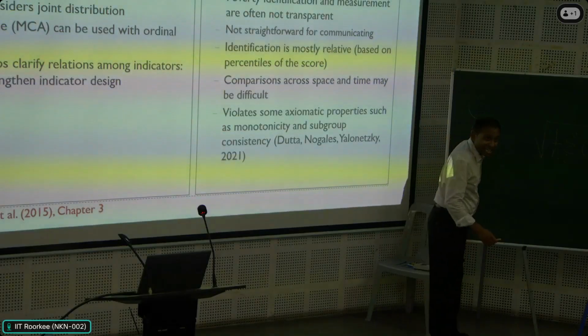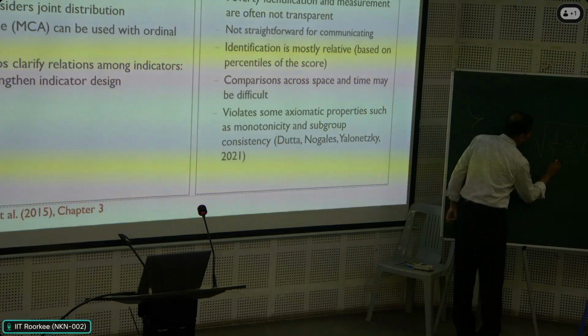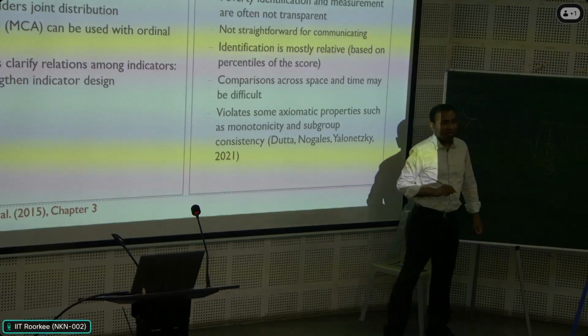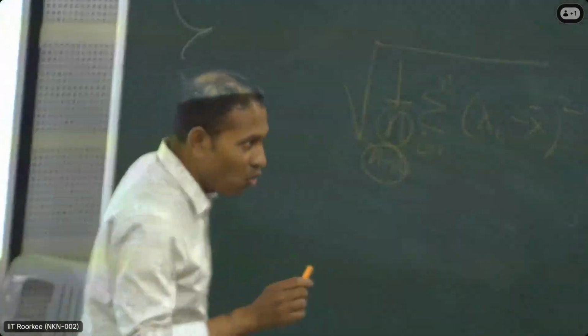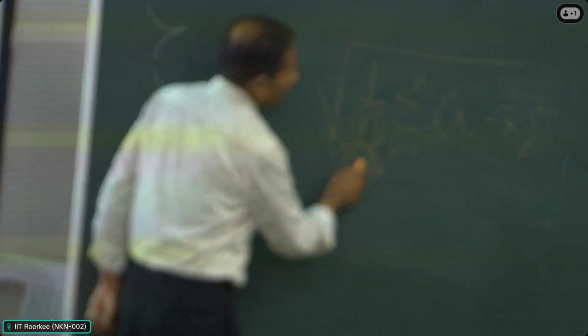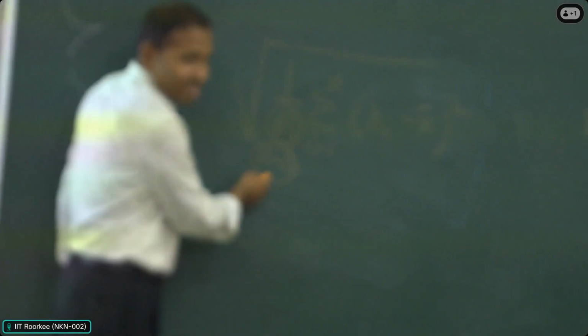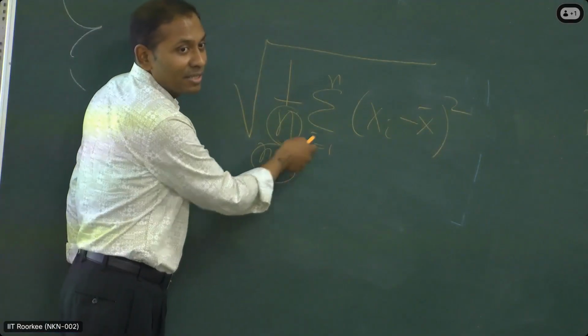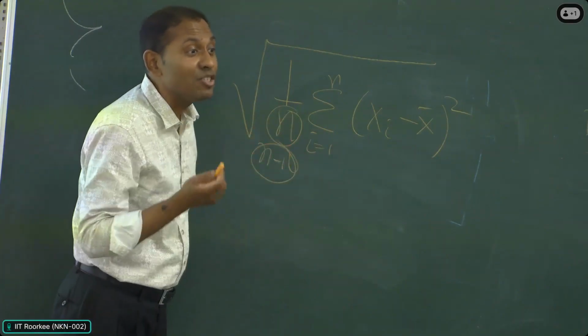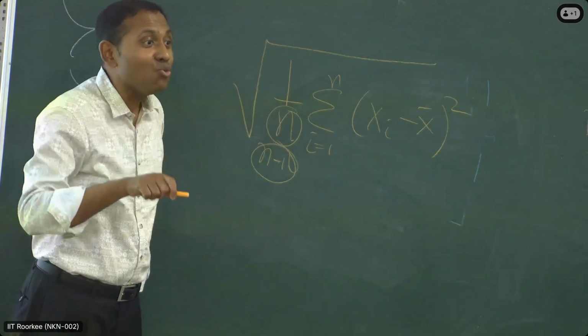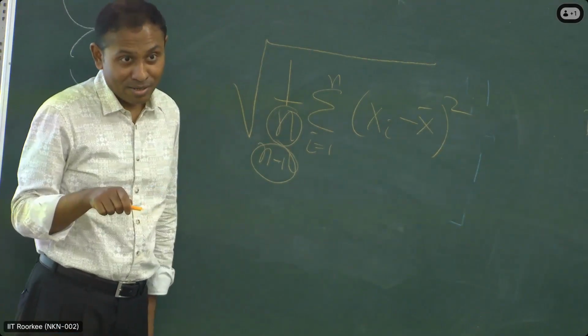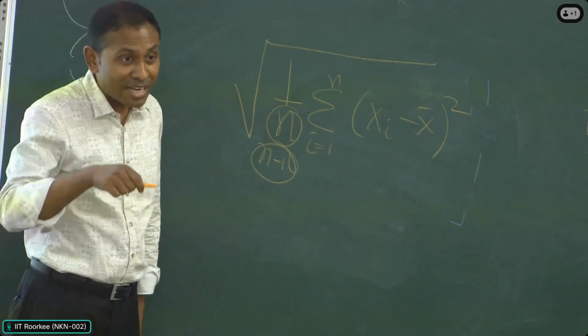Theta standard deviation, instead of n, divides by n minus 1. It's the sample variance. So if you double the population, it violates population invariance. Theta standard deviation violates population invariance. So never ever take the stored value of theta to create the inequality measure, standard deviation.